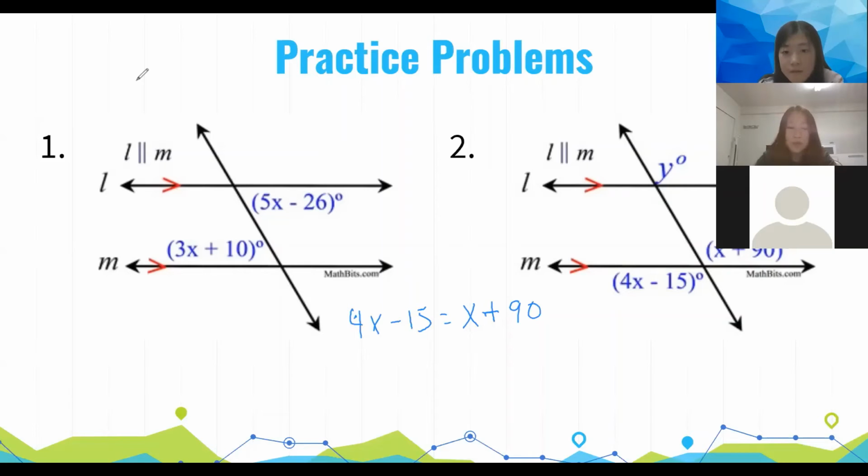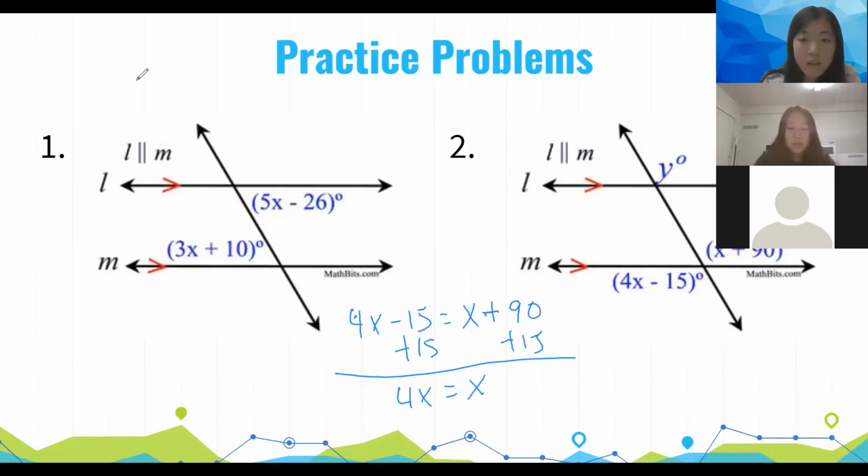Okay, so add 15. No, should we subtract x on each side? Either one is fine. Okay. 105.